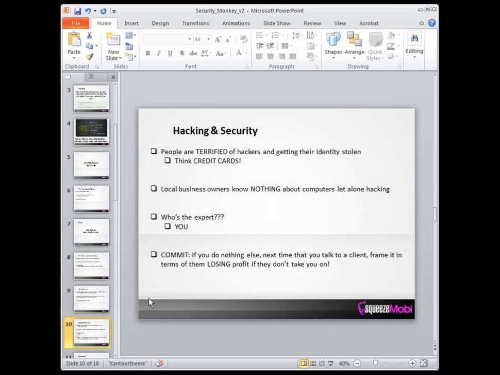On top of that, local business owners know nothing about computers, let alone things like hacking, and they get terrified by that. So when you come in, who is automatically the expert? You become the expert.